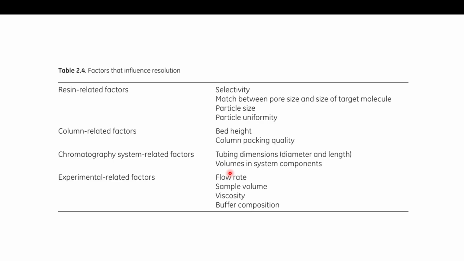If the flow rate is really high, your protein of interest will not have enough time to really interact with the matrix. Because of the high flow rate, it will eventually be eluted out rather than getting the chance to interact with the matrix and form those transient interactions.